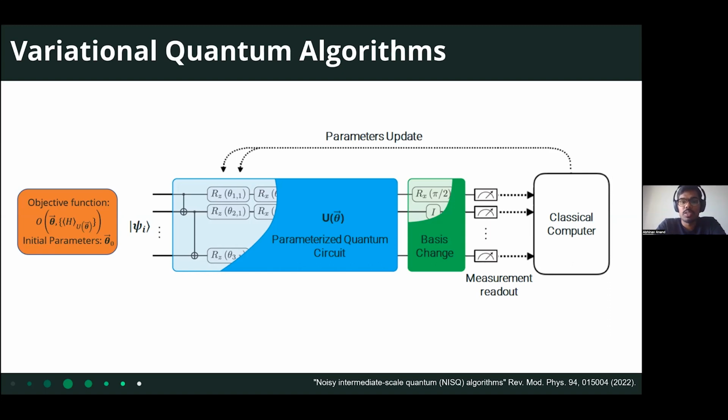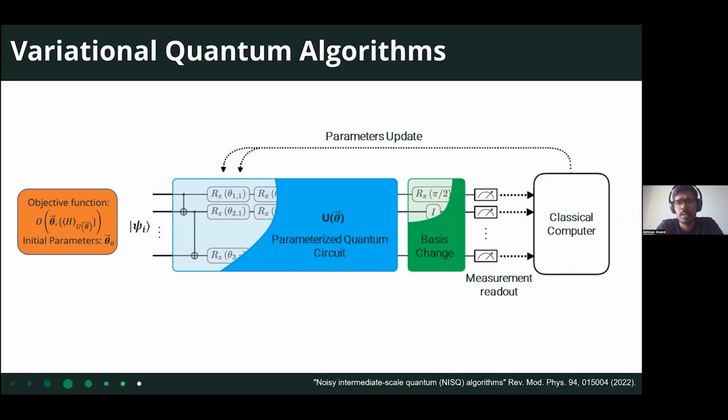The classical computer gives you the next set of parameters, corresponding to which you prepare another state and you measure, and the classical computer keeps on doing this iterative procedure until the state that you have prepared on the quantum computer is a very good approximation to the solution, or is close to the solution that you're after.